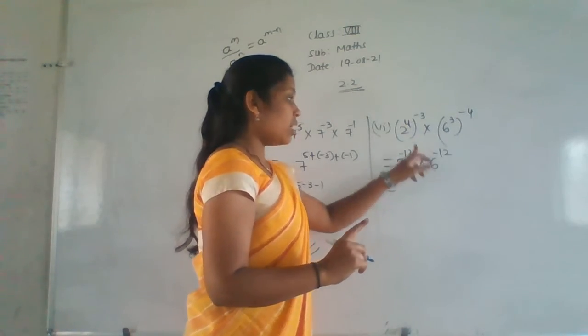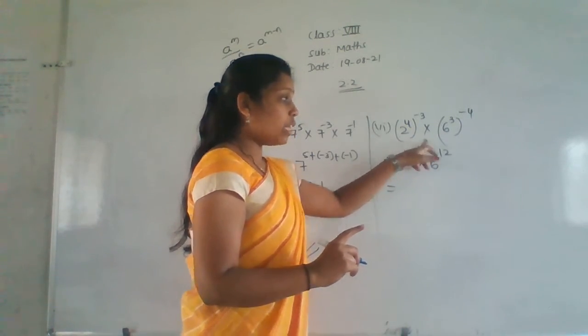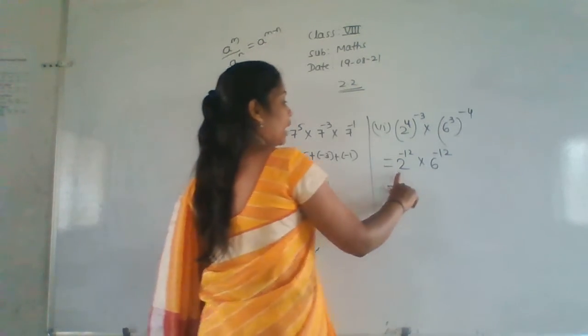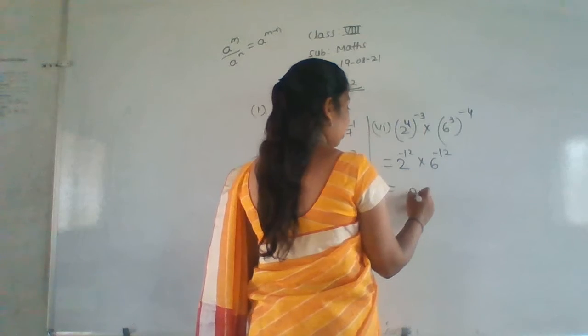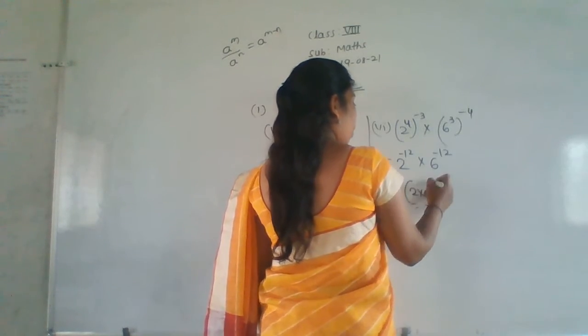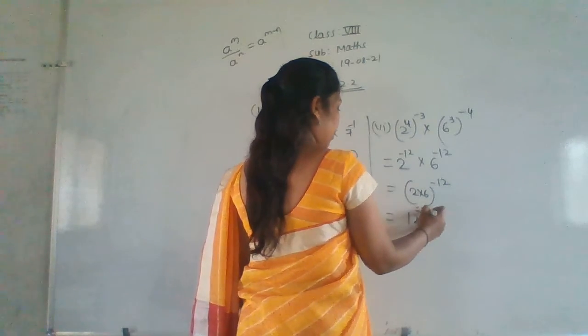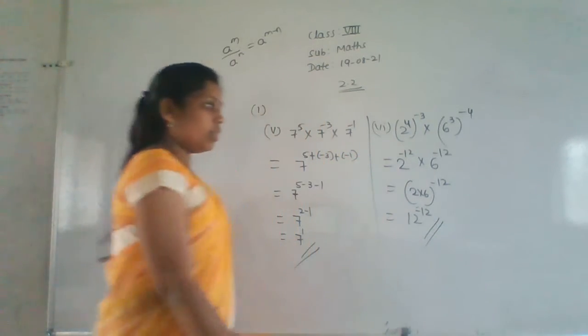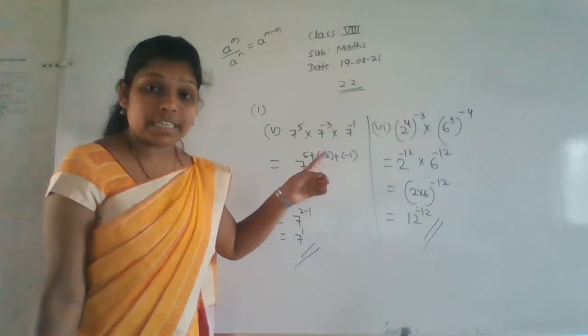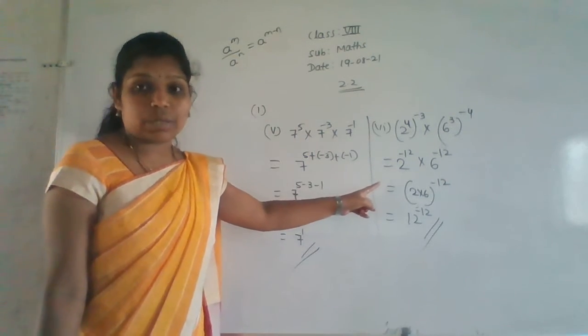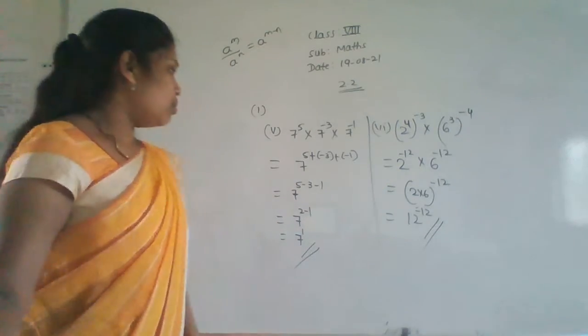Base is 2 and 6, so it is 2 into 6 whole to the power minus 12. That is 12 to the power minus 12 is the answer. A raised to m into b raised to m is a into b whole raised to m. That formula we used here. Okay, so next one.